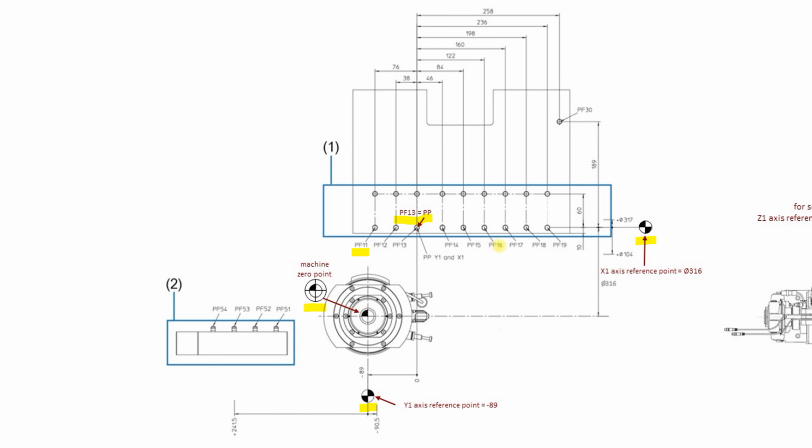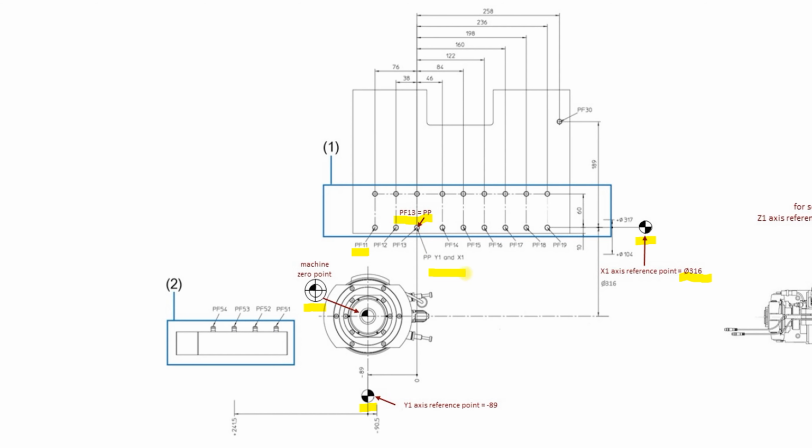When the distance between machine 0 and control point position is diameter 316, this is the reference position in axis X1. In axis Y1, we also determine reference according to control point.